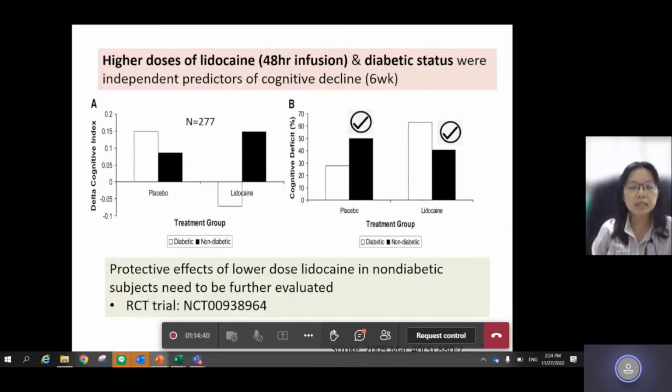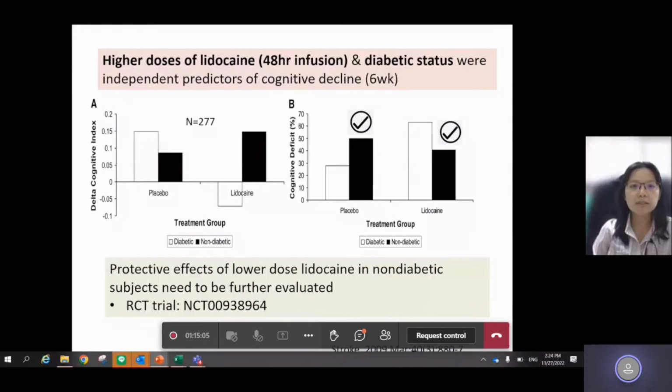And in addition to the anesthetic drugs, there is a study doing high-dose lidocaine infusion, and they wanted to see if a high dose of lidocaine, which could pass the blood-brain barrier, could lower POCD. However, higher dose of lidocaine infusion and diabetes status were independent predictors of cognitive decline 6 weeks after cardiac surgery.